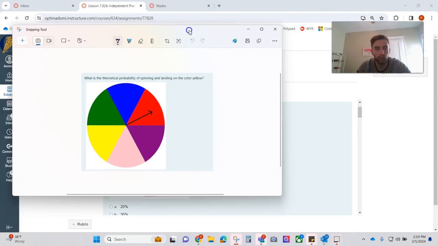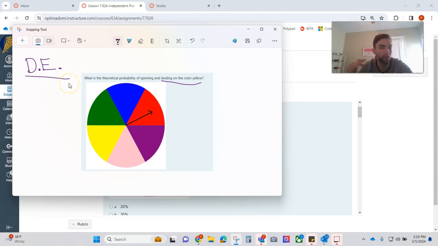To find theoretical probability, we take the event we want, landing on the color yellow, and put that, so let me write desired event, on top of, or compare it to, the total events. So desired events, total events. This is like a ratio, a fraction.